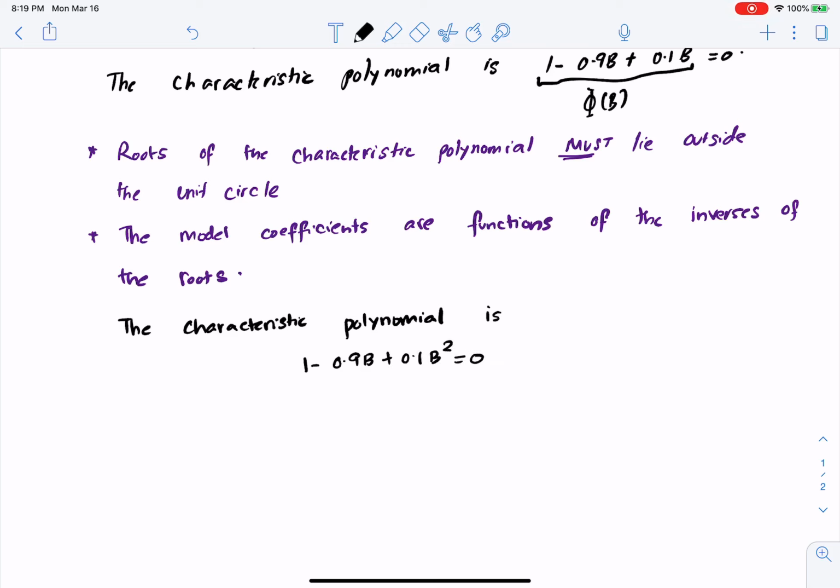We want to find the roots, so I'm going to use the quadratic formula. A here is 0.1, b is negative 0.9, and c is 1.